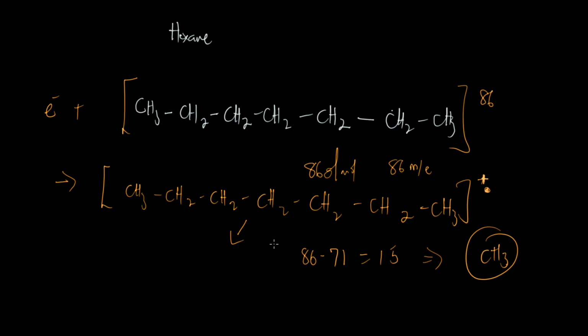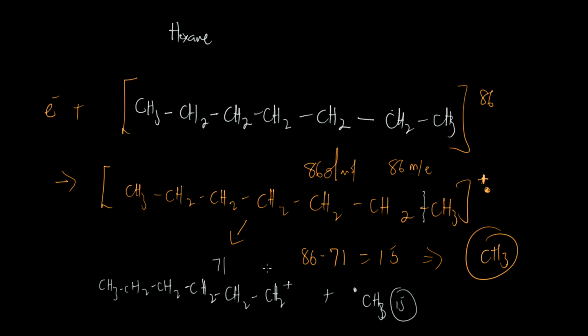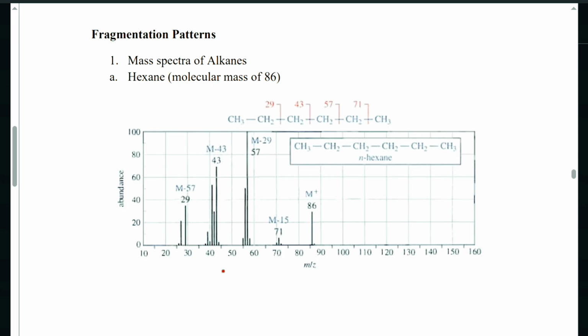It's telling you that fragmentation occurs here, giving CH3 plus CH2, CH2, CH2, CH2, CH3. The positive part is what you see on the mass spectrum. So this one is 71, this one is 15. You don't see this one. This is what you see, and that's what we see here as 71.